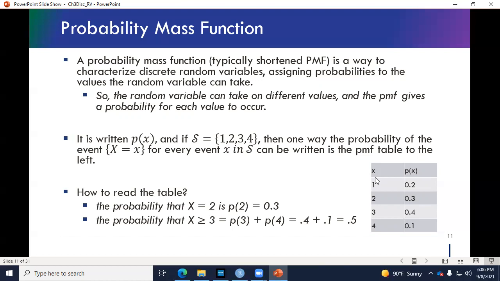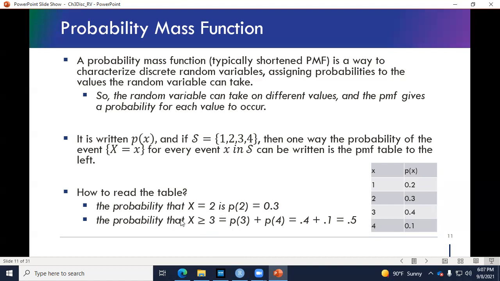So this is our sample space, 1, 2, 3, 4. For each of them, we have its probability. The summation of them is 1 because that's the whole sample space. So this is how you read the table. The probability of X equal to 1 is 0.2.